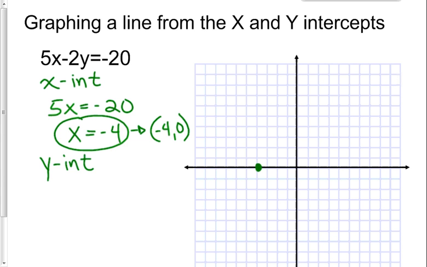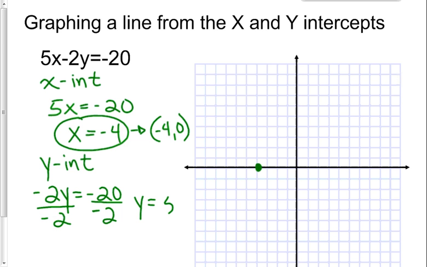Now to find the y-intercept, you're going to get rid of your x. Make sure you keep that negative with the 2, so negative 2y equals negative 20. We divide both sides by negative 2, which gives us y is equal to, sorry, I'm sorry, guys. Negative 20 divided by negative 2 should give us a positive 10.